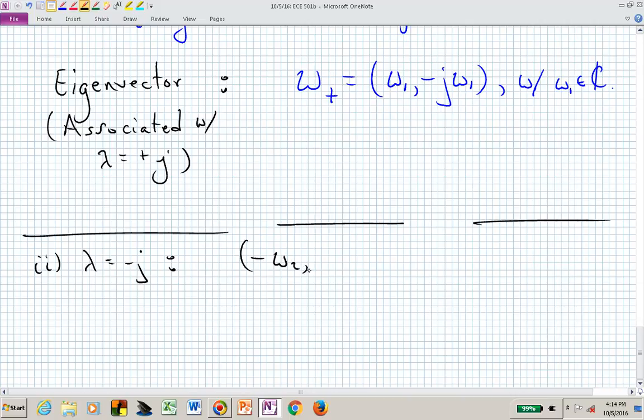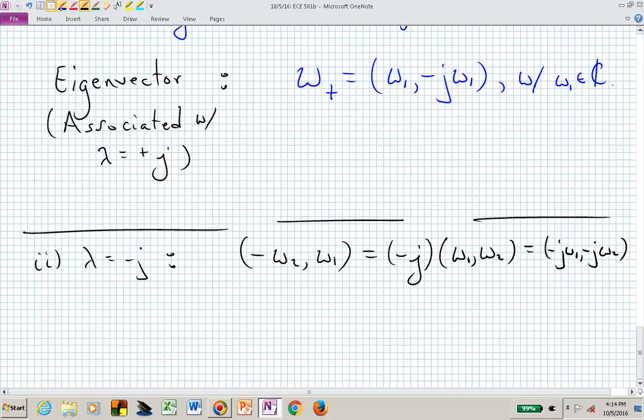Again, we have exactly the same output from our linear map, that's minus w2, w1, but now that's equal to minus j, since that's now our eigenvalue, times the original vector, which was w1, w2, and this is now minus j omega 1, minus j omega sub 2.